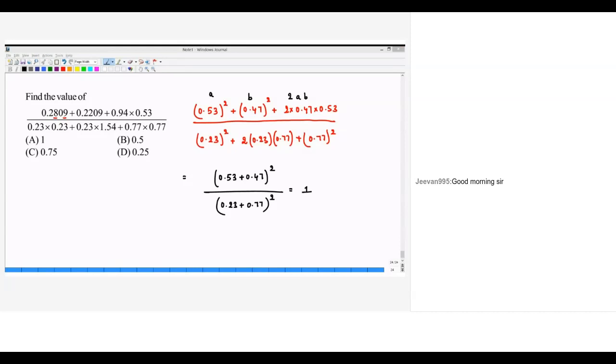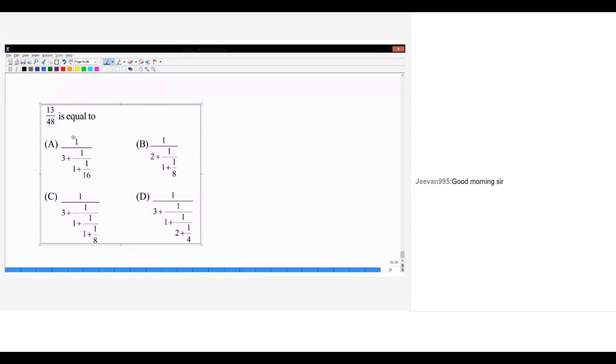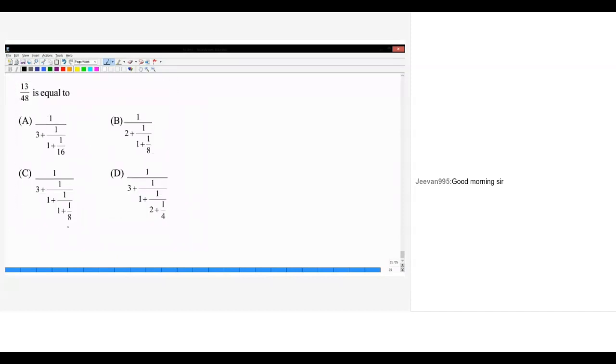Right. When a number is like 13 by 48, how do you expand it in this format? You do it by taking the denominator and dividing it by 13. Threes are 39.